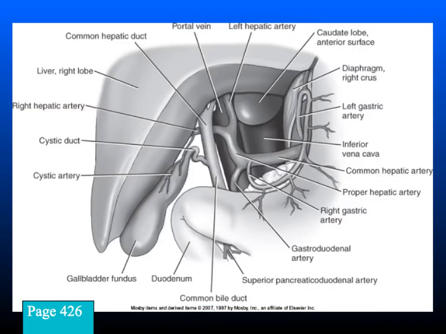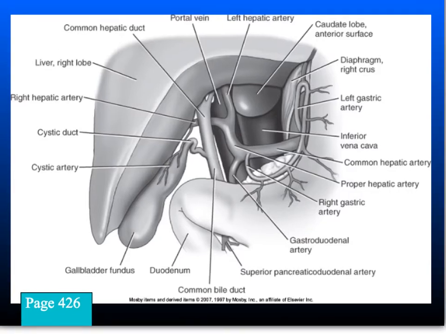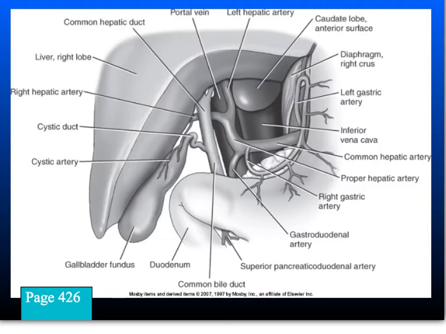This one shows the gallbladder a little bit better, which is the next one we're going to talk about, and the vessels that are feeding these structures. We've seen the left hepatic artery before, which is this one. The portal vein is right behind it.